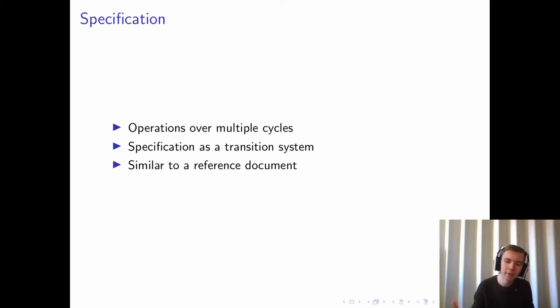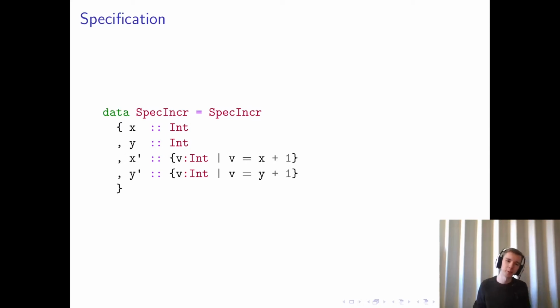But now we need to capture such a specification inside of the refinement language, and we do this as follows. Here we have a toy example with two registers x and y, where the next state of the system, a transition from the system, goes to x prime and y prime. Well, in this toy example, the x prime and y prime are simply an increment of their prior state.